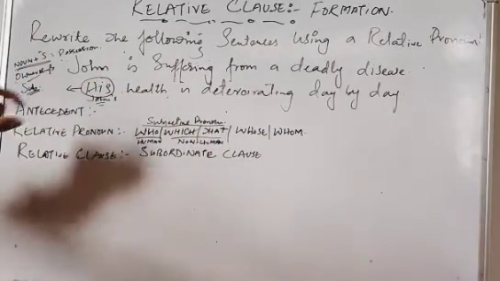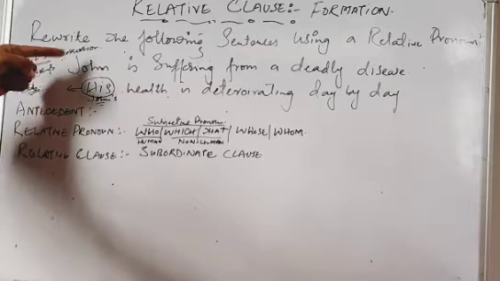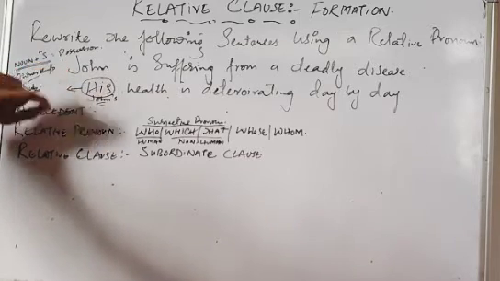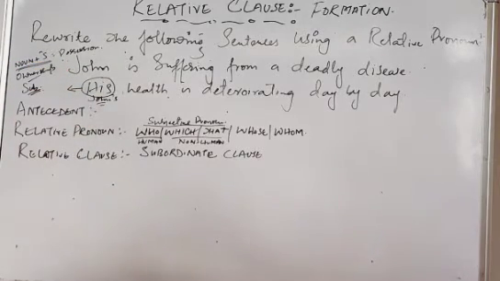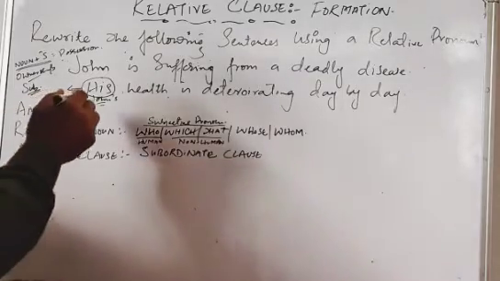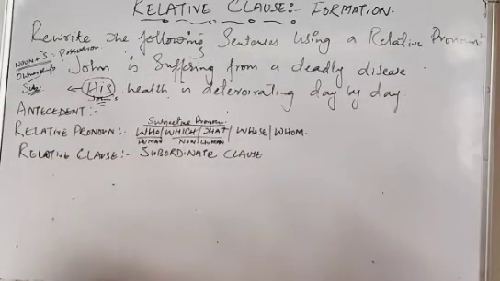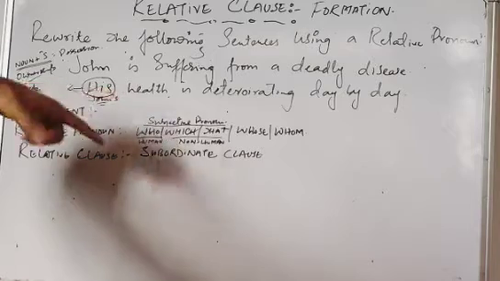So this "his" is basically the pronoun of John, but it is known as a possessive pronoun. A possessive pronoun is a pronoun that shows belonging of a noun, that shows possession of a noun. His health means John's health.